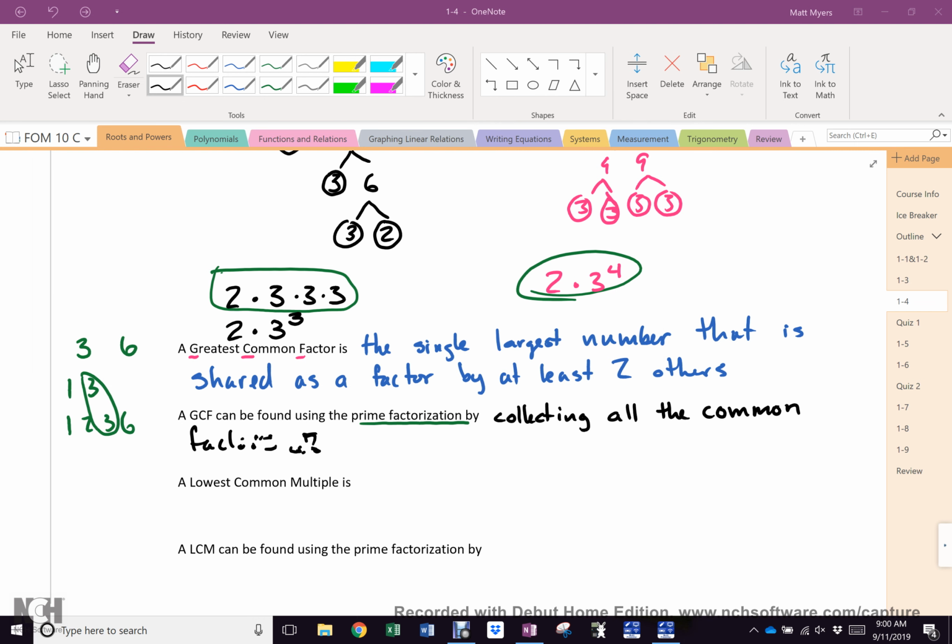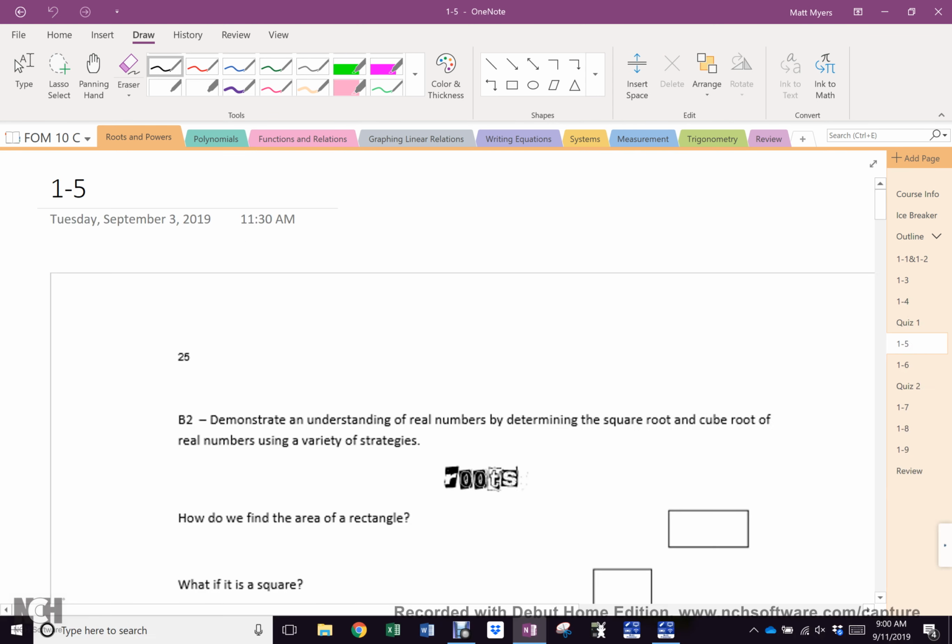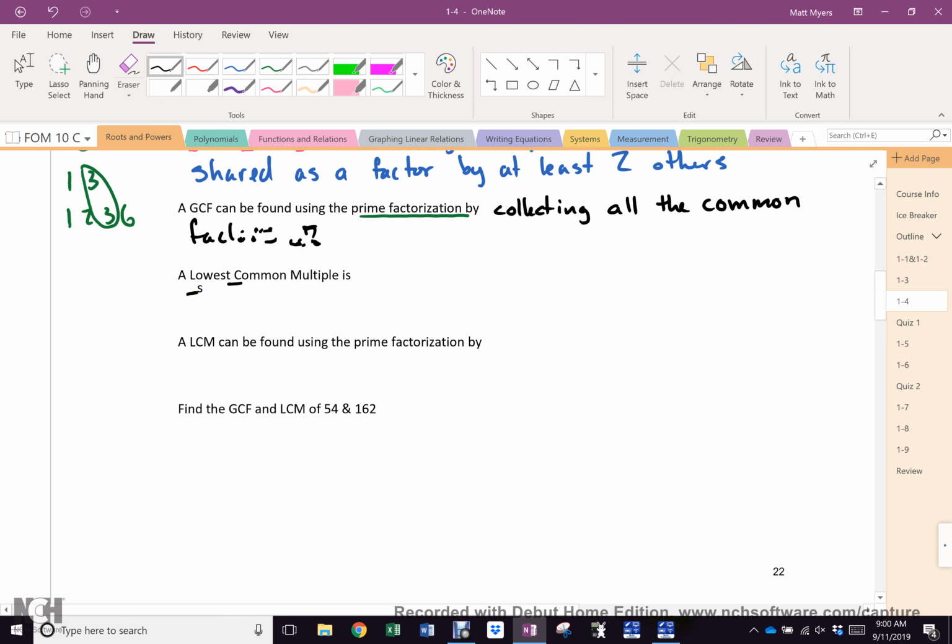Okay, a lowest common multiple, which is LCM. I don't know why there's an S there.